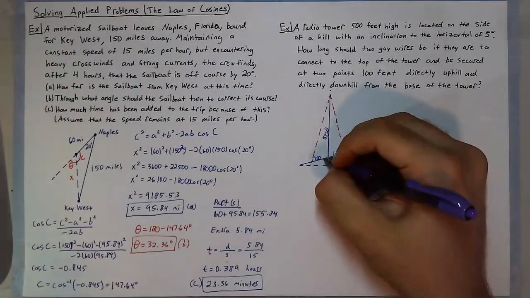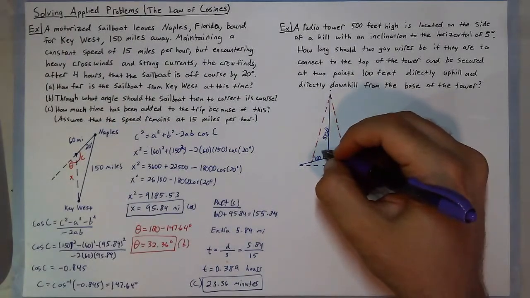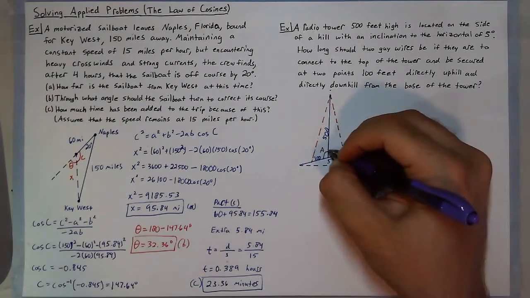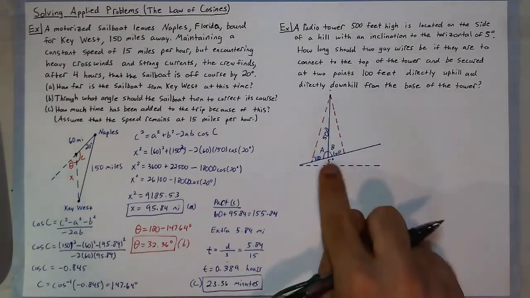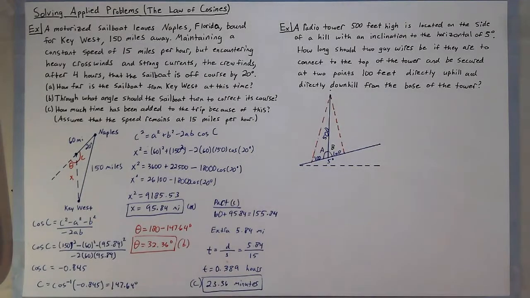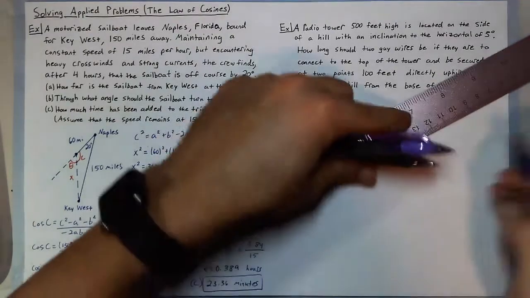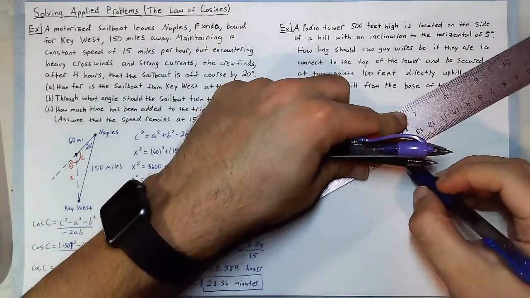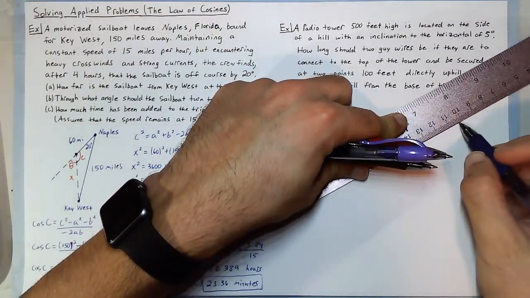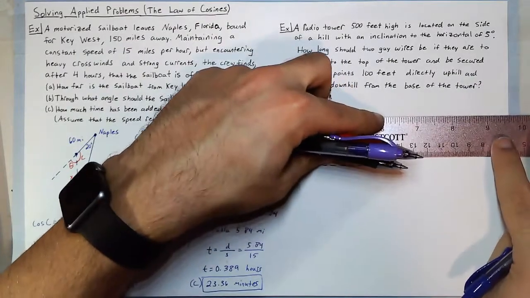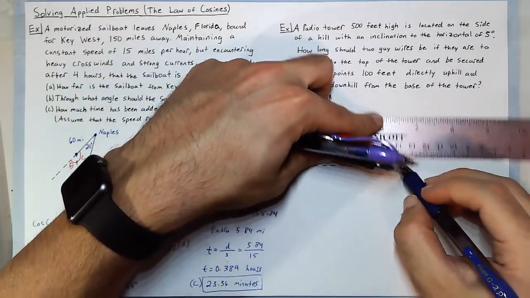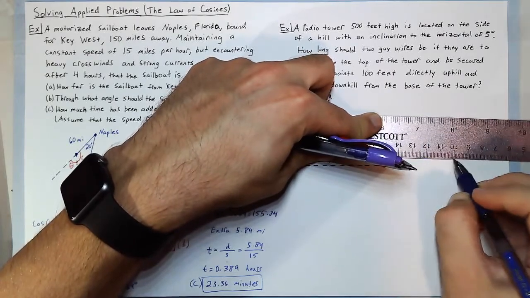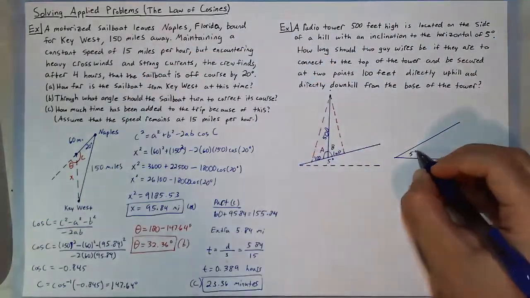So I'm going to call this angle over here angle A, and this angle on the other side angle B. And I'm going to redraw the situation taking place right there off to the side, so you can see a better picture of what I'm about to do. So again, this is 5 degrees.